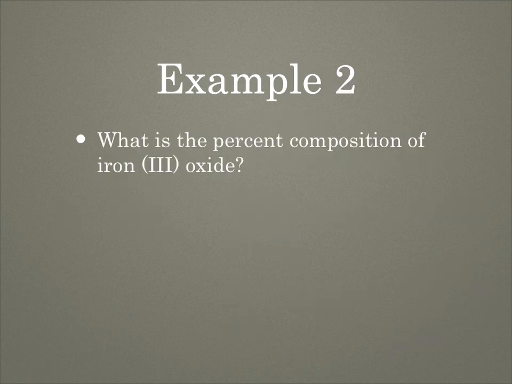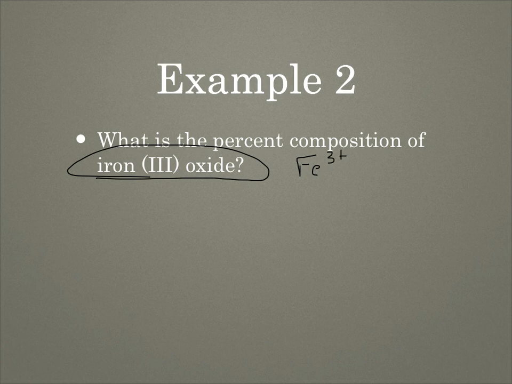Alright, so that's the easy way, but you can do it without any of those numbers just by knowing what the substance is. So they say, what's the percent composition of iron 3 oxide? Well, first of all, you better remember how to write the formula for iron 3 oxide. So iron 3 plus, oxygen's a 2 minus, and we know our formula is going to be, crisscross these, Fe2O3. So there's my formula.